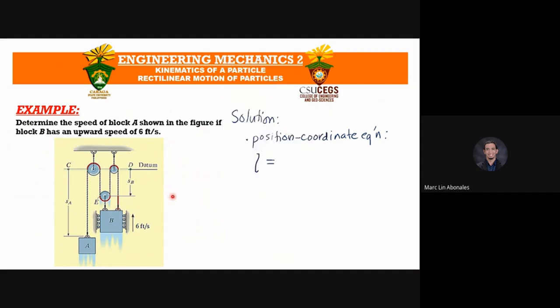Those chord lengths that do not change are the ones colored red, this one and these three, wrapping around the pulley or within the arc.